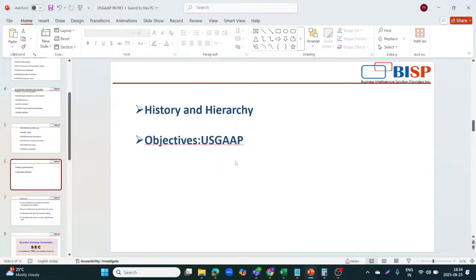The financial statement, that is the end product that goes to the investors that we prepare, should be consistent and it should be comparable. For example, if you are comparing two different companies, it is essential that they are from the same industry. So the financial statement should be comparable and reliable. It should also be free from error.